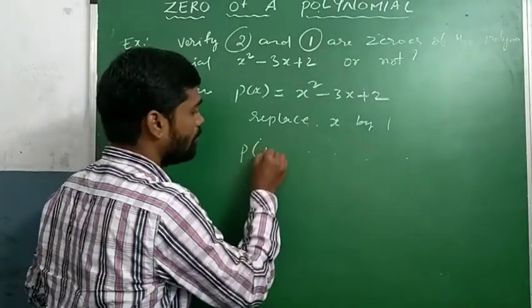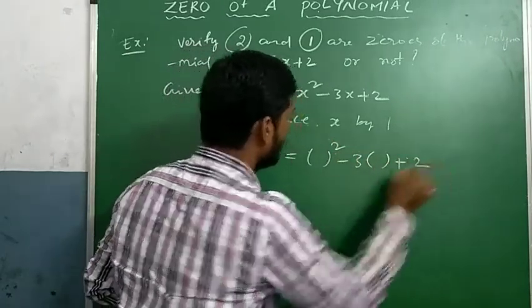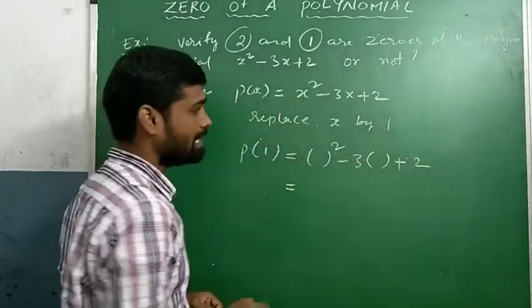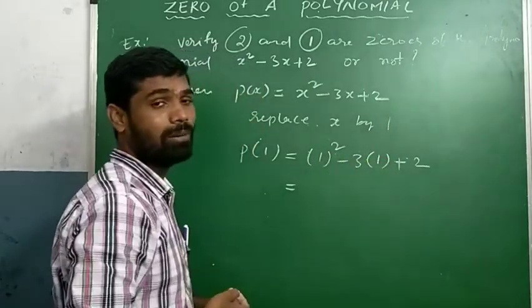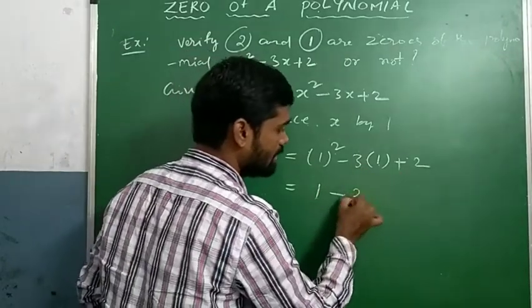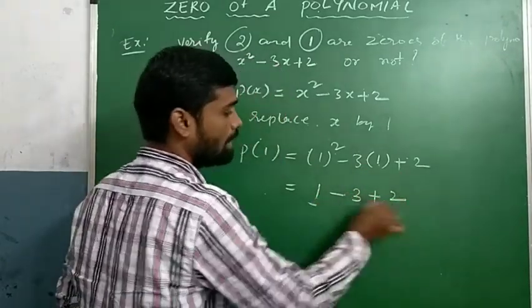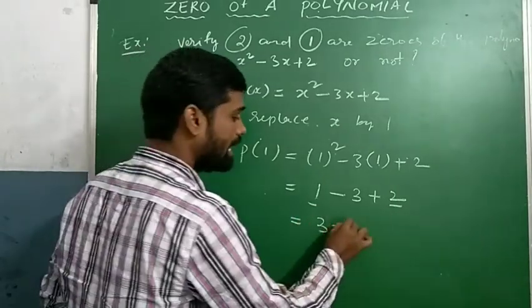So p of 1 is equal to, in the place of x put 1. Now 1 square, 1 to any power will be 1, minus 3 ones are 3, plus 2. So 1 and 2 are both positive, so the value is 3, and minus 3.